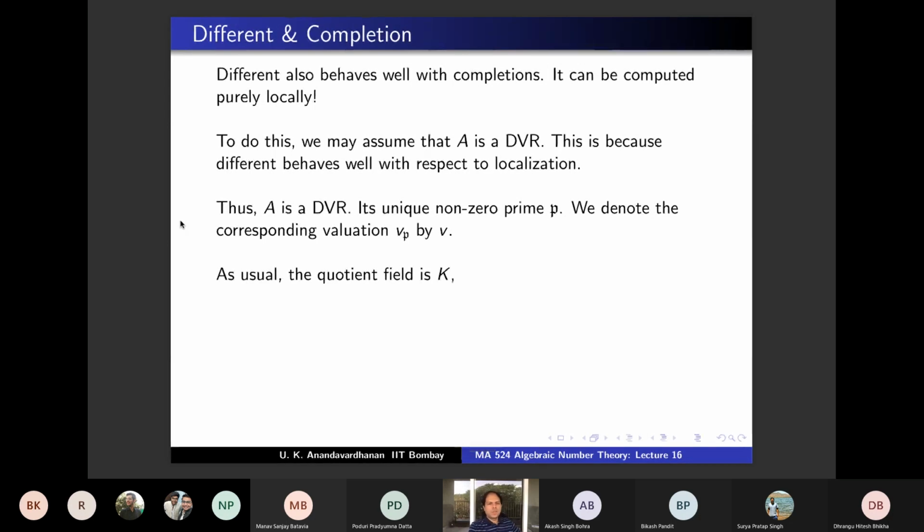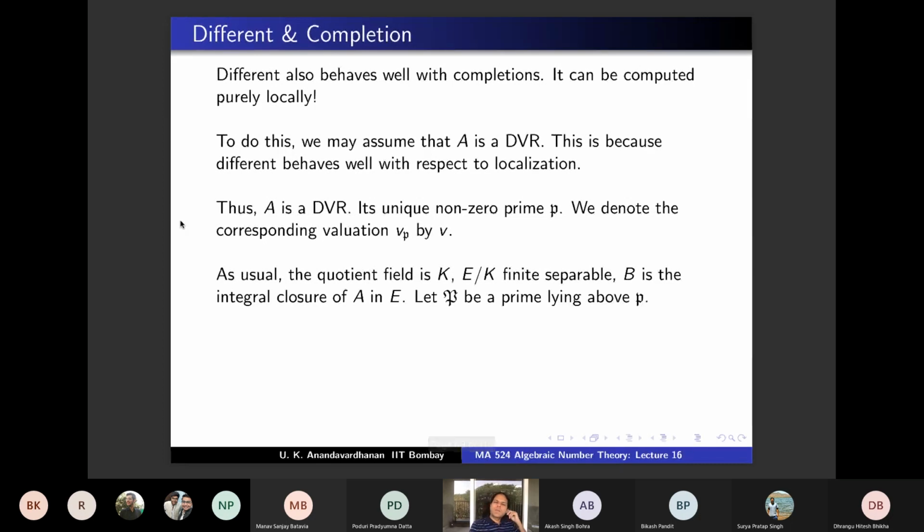Okay. So as usual, the quotient field is K, and E over K is finite separable. B is the integral closure of A in E, and let P be a prime lying above p, and the corresponding valuation you can denote by w_P. Anytime you have a prime, you get a corresponding valuation, and then you can complete.